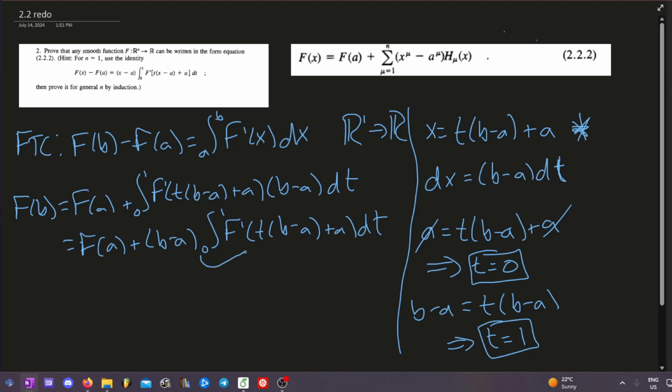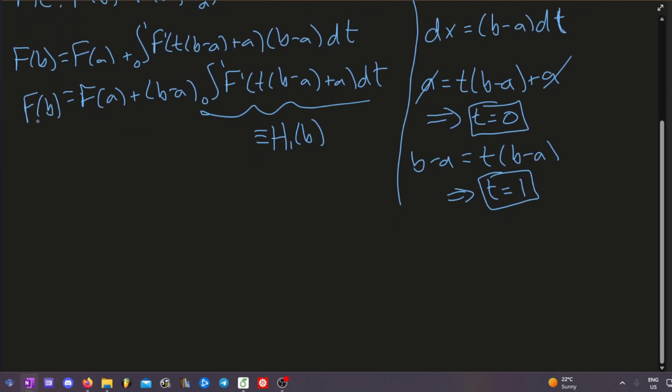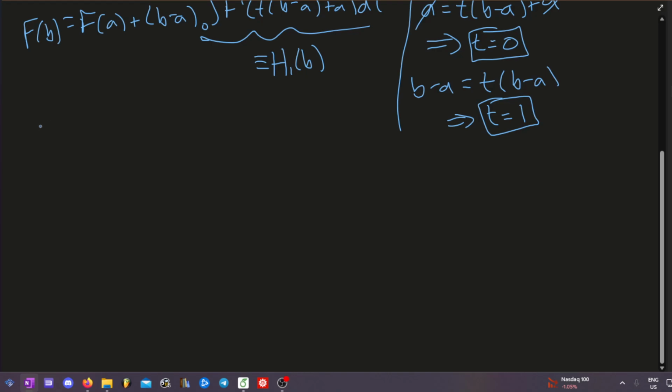Now we're not going to attempt to evaluate this because we don't know what f prime actually is, but we can just give this a name. We're going to define it to be h1 of b right now. And now we could rewrite this entire thing here. But when we do so, let's switch b and just call it x now, just so that we get ourselves closer to the notation that the problem's looking for.